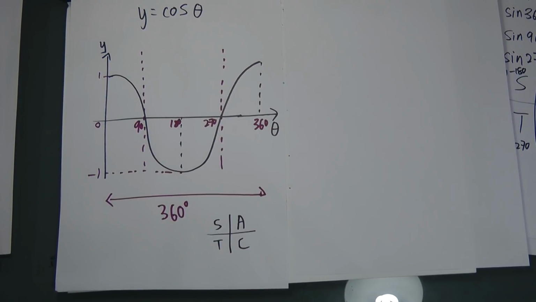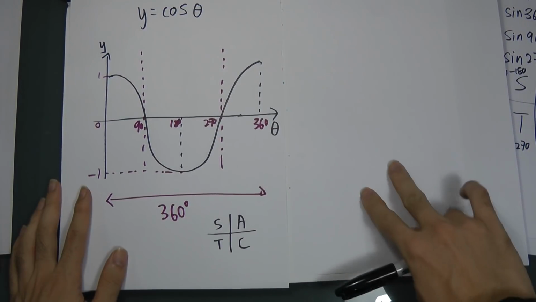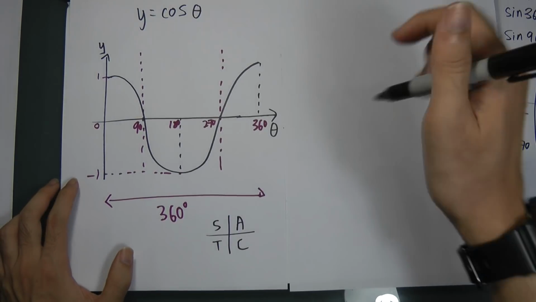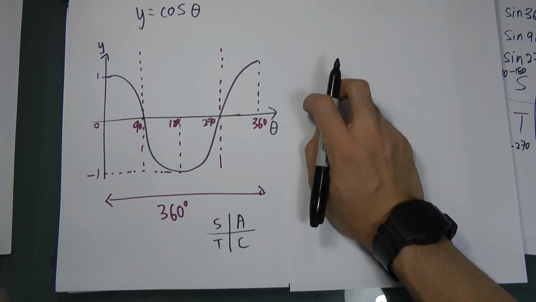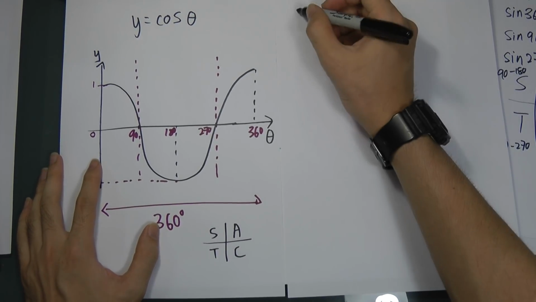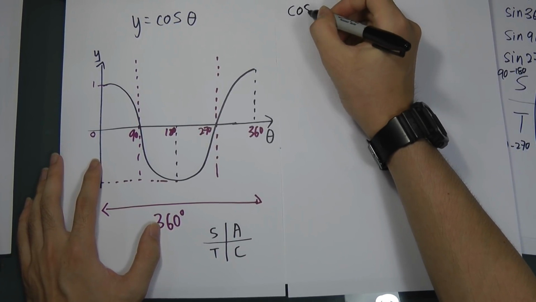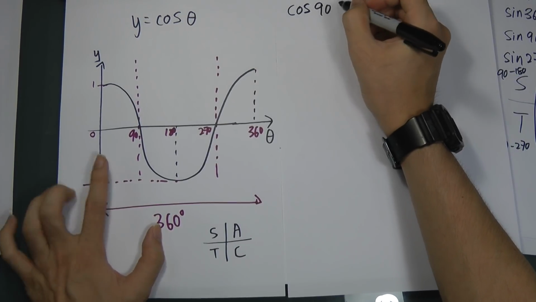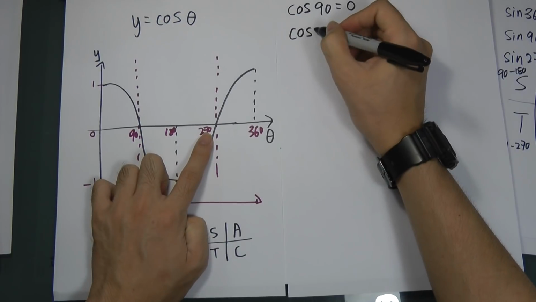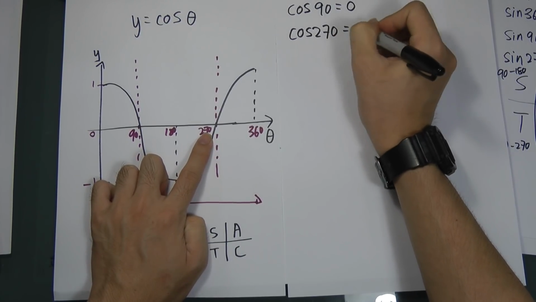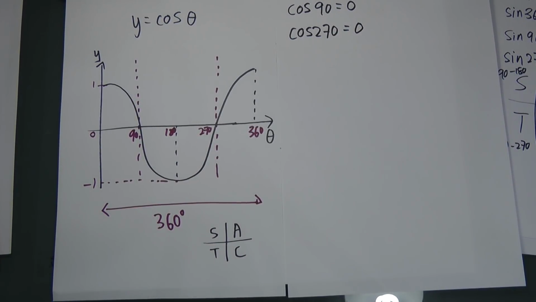Just now for the sine graph, we know sine 0, 180 and 360 give 0. Now in the cos graph, only cos 90 is equal to 0, and cos 270 is equal to 0. It's totally different from the sine graph.